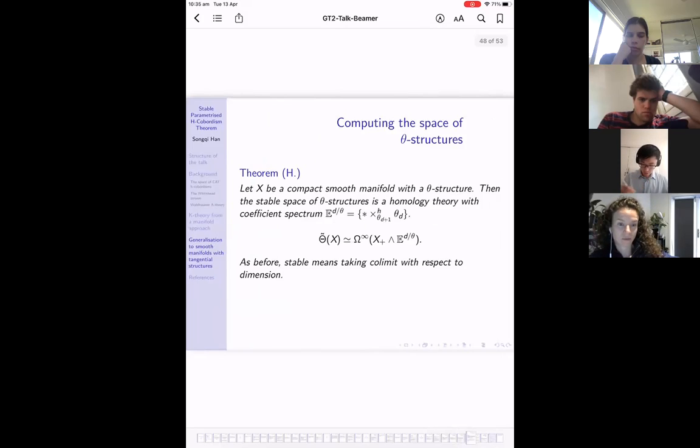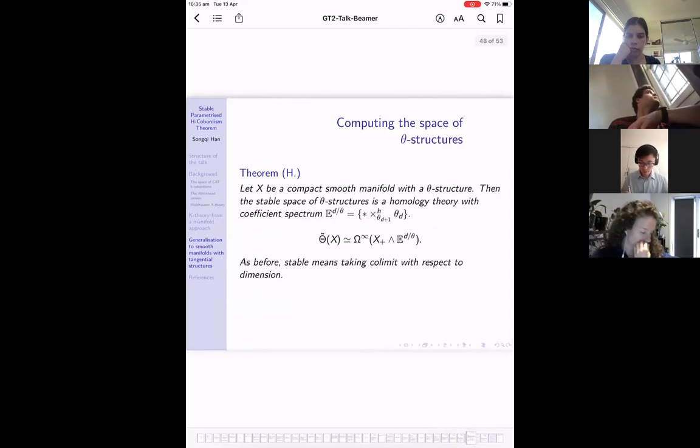And here we can compute the space of theta structures, or at least stably. Let X be a compact smooth manifold with a theta structure, then the stable space of theta structures is a homology theory, whose coefficient spectrum is given as follows.